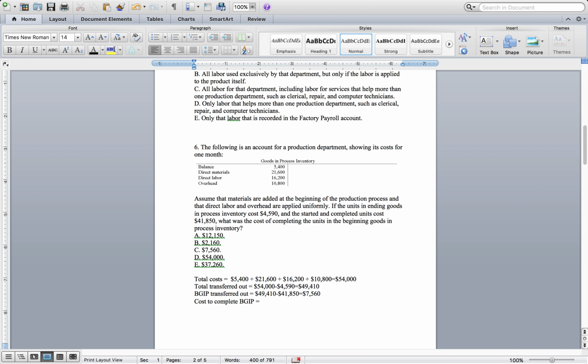And the last part, the cost to complete beginning goods in process. So again, we'll take that $7,560, and subtract what we did earlier, the beginning balance, which was $5,400. Okay, so the final total will be $2,160, which is answer B.